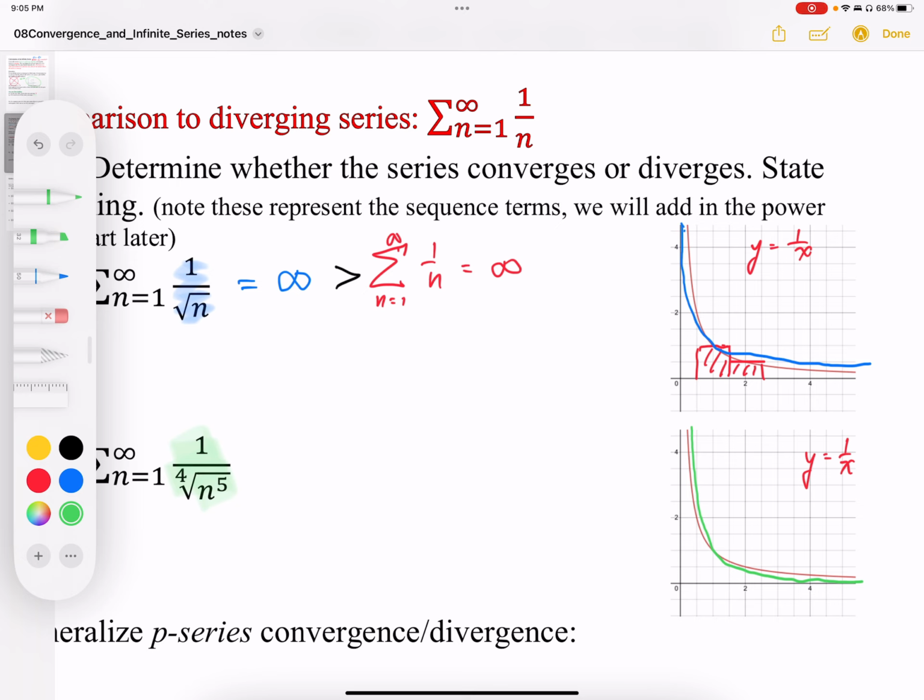If I compare that to the area under the 1 over x function, we're making the leap: what happens to 1 over x is similar to what happens to 1 over n, not the same, but similar. The same can be said about this function here. The function I've drawn in green is y equals 1 over x to the power 5 over 4.